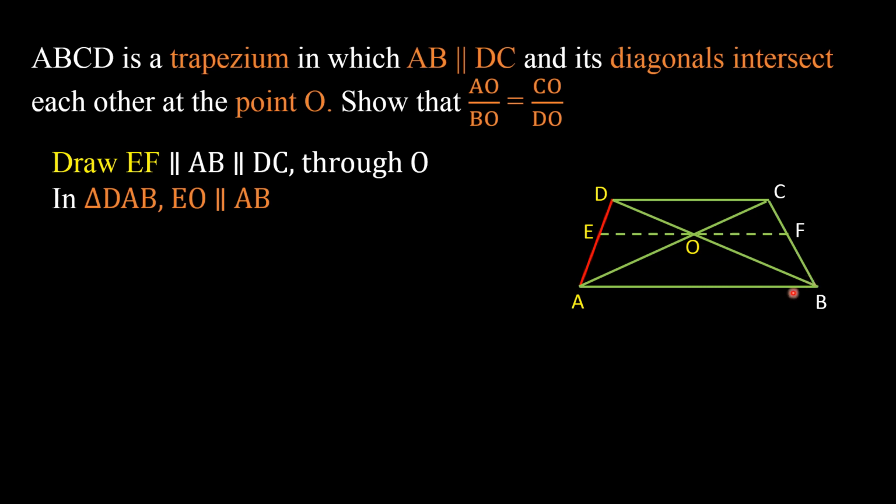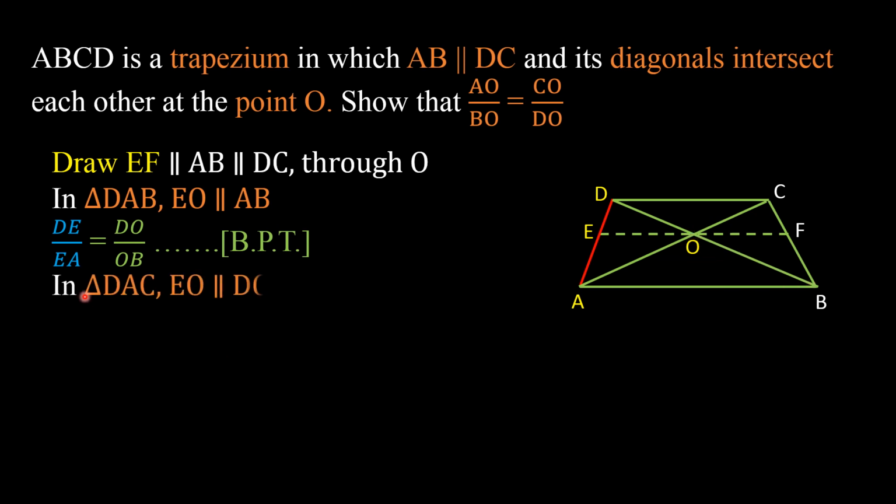So therefore we can apply the basic proportionality theorem and write DE divided by EA equals DO divided by OB.